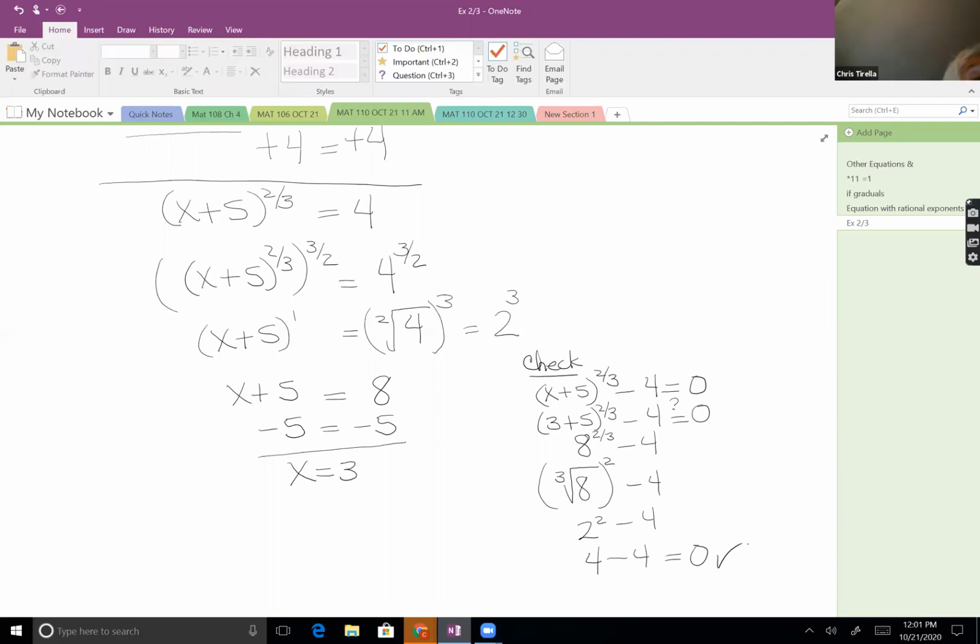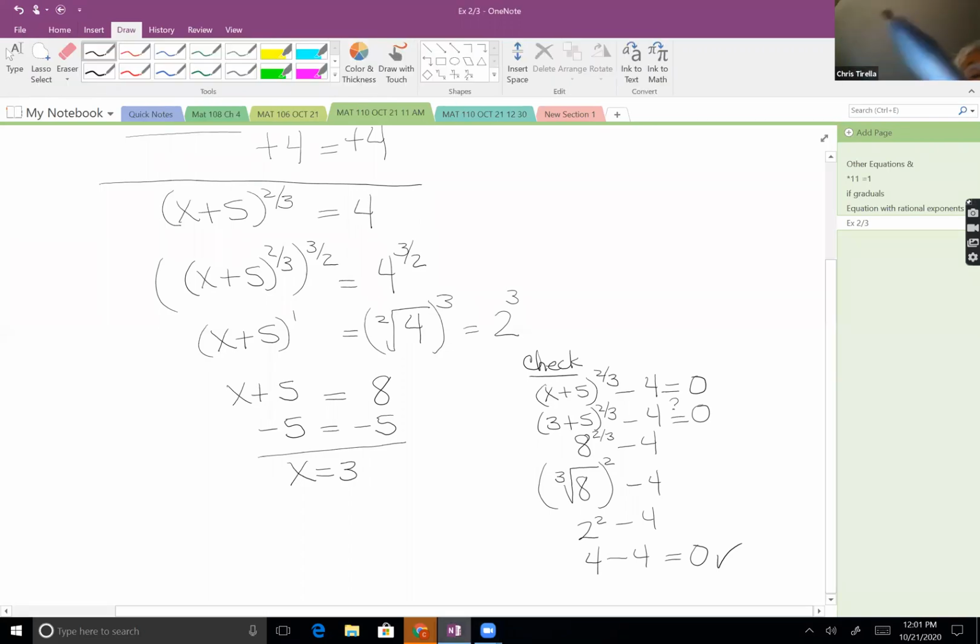And again, in order to do these, you have to be able to remember what we had said before. Is everybody comfortable with this idea that when I have a fractional exponent, I need to change it into a radical?